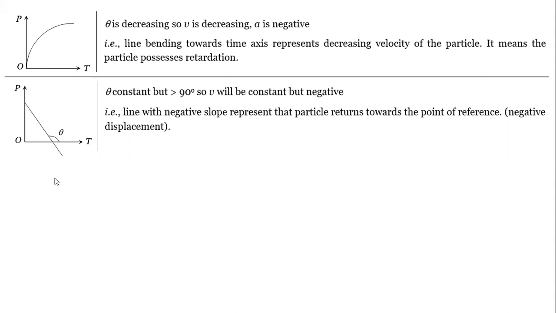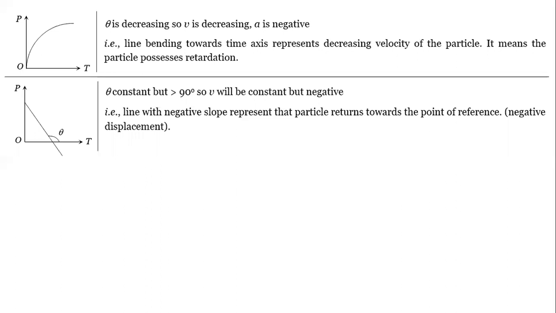Whenever this type of graph is there, just compare the angle it makes with the positive x-axis. With the positive x-axis, the angle is more than 90 degrees. If the angle is more than 90, that means the tan theta value is negative. Whenever the angle is more than 90 and less than 180, meaning the angle lies in the second quadrant, the tan of the angle is always negative.